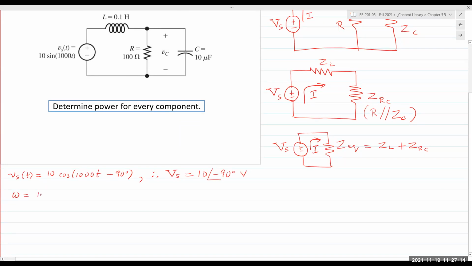Omega is 1000 radians per second. And ZL is j omega L. So j into 1000 into 0.1, say j100 ohms. It's also 100 with a phase angle of 90.